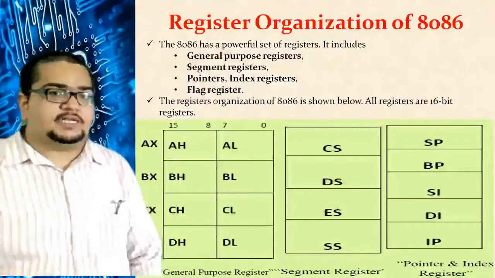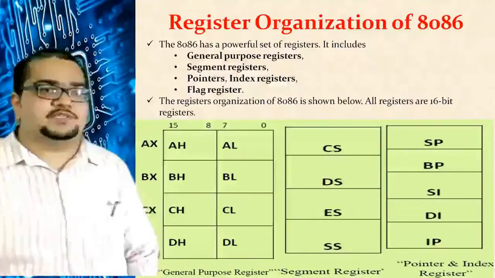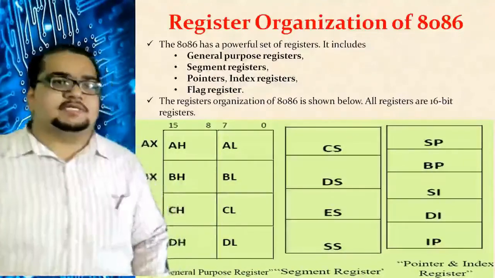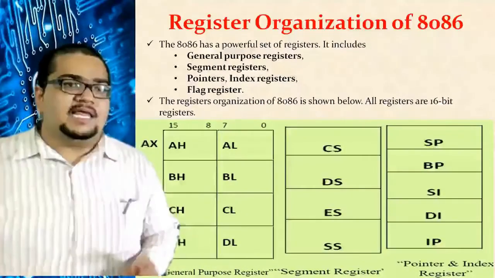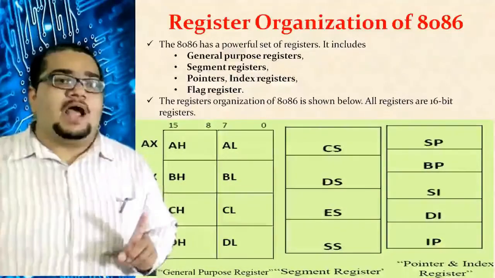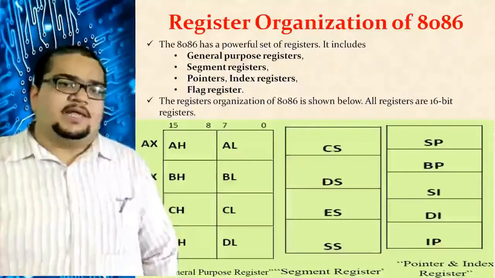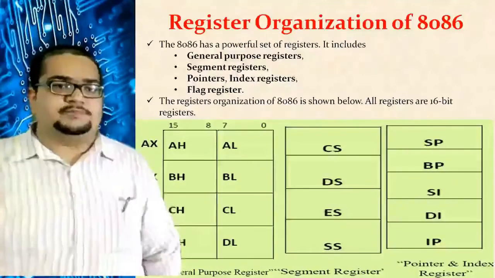Out of these 14 registers, 5 registers are part of the bus interface unit. Those are the segment registers CS, DS, ES, SS, along with IP, the instruction pointer. All the other registers are in the execution unit.